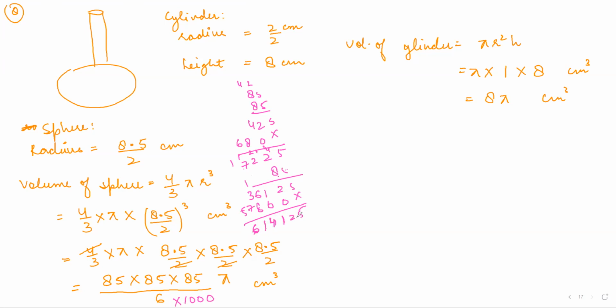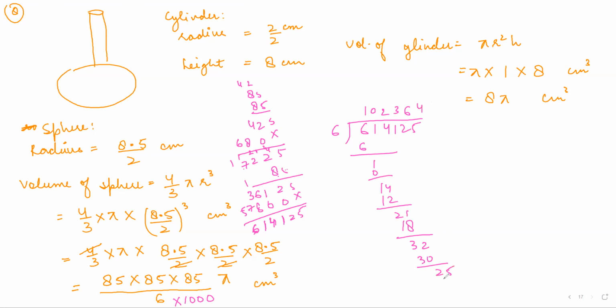So after multiplication, I'm getting this 614,125. Let us divide this by 6. 6 into 1 is 6. Then I have 1, so 0, 1, 4. 3 sixes are 18. Then I have 3 into 2, 6 is 30.